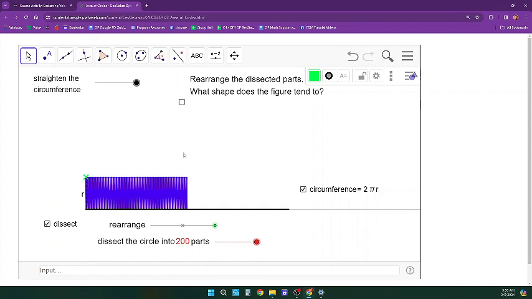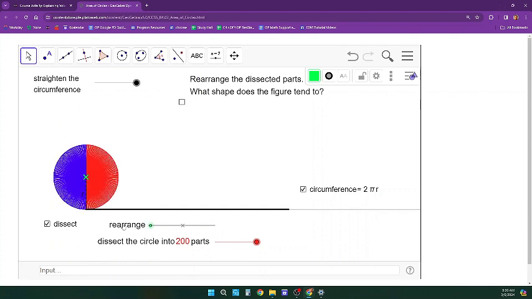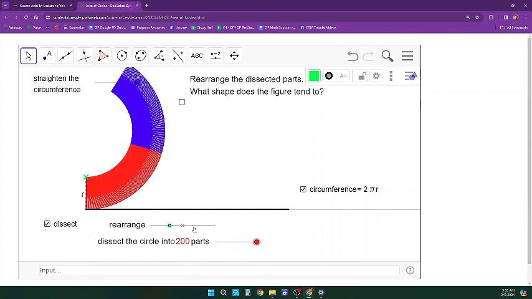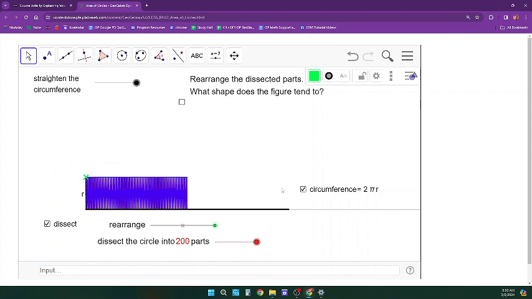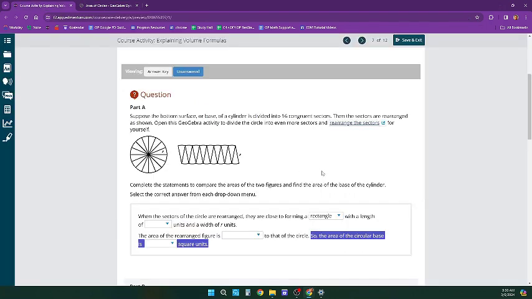So that's our justification for calling this a rectangle and using the rectangle formula to find this area. Because, again, this is a circle, but we're able to now put it in terms of a rectangle. So we could use the formula for the area of a rectangle in order to find the area of a circle.